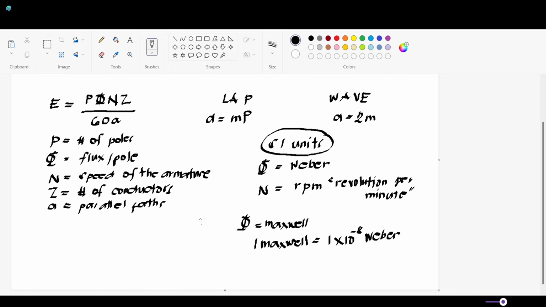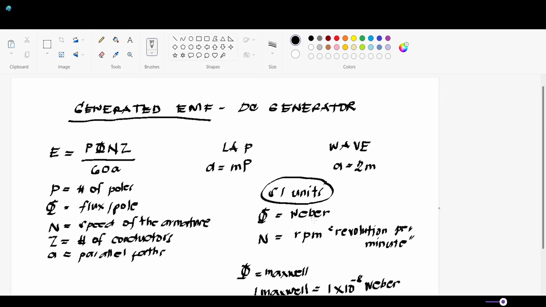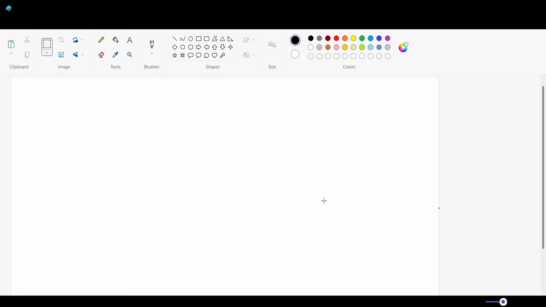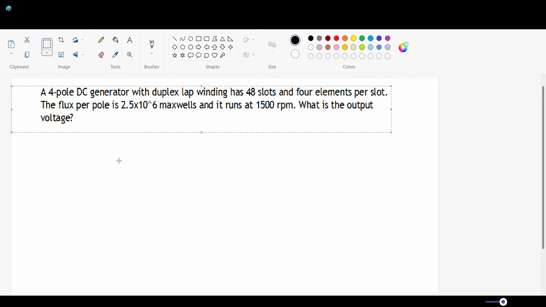So let's try to solve a problem. Okay, so this is a problem. A 4-pole DC generator with duplex winding, lap winding, has 48 slots and 4 elements per slot.